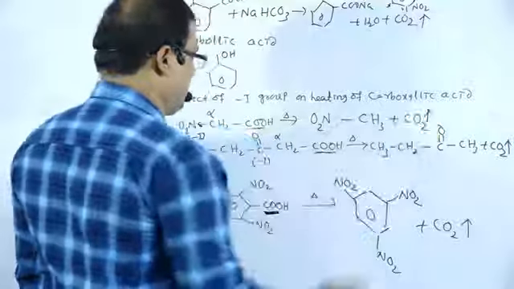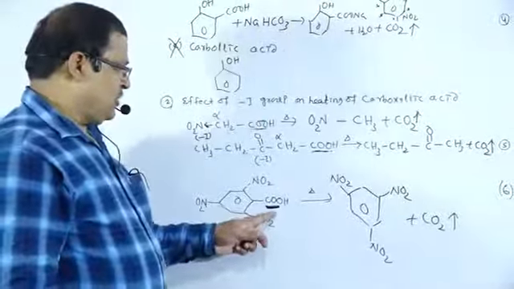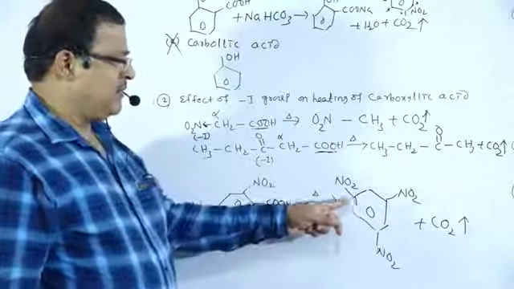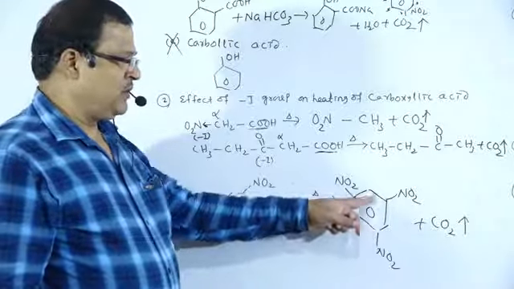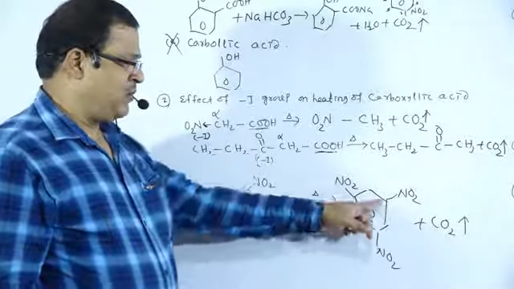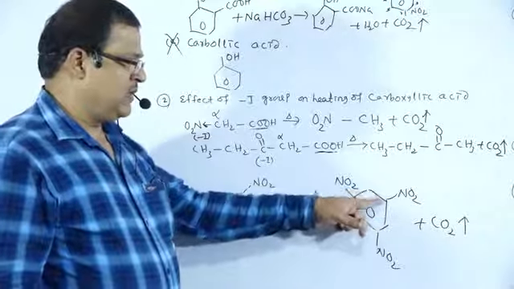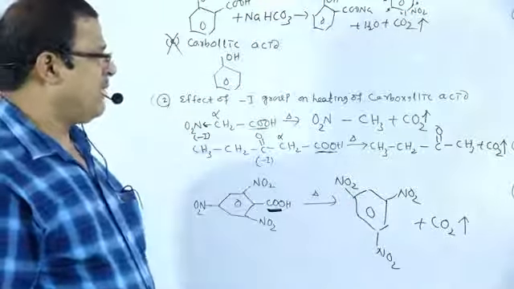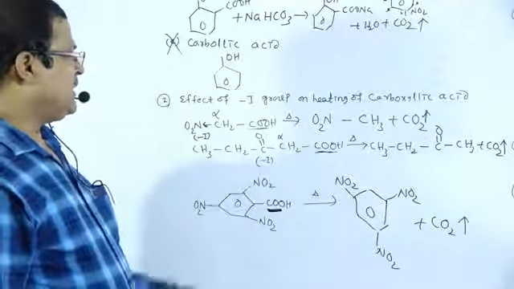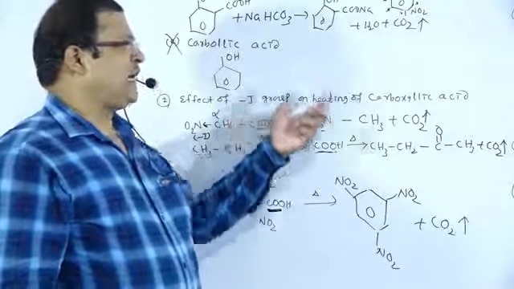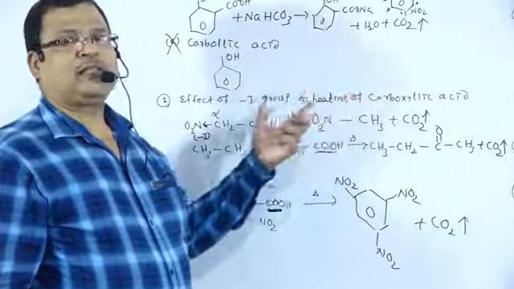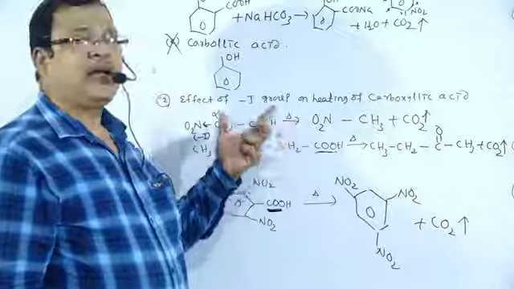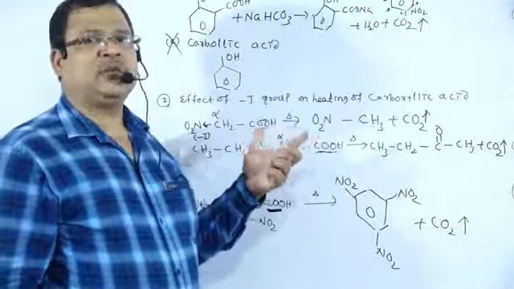In this case also carbon dioxide gas is released and H is attached to this position. So there is the formation of 1, 2, 3, 4, 5, 6, 135 trinitrobenzene. This is the effect of a -I group on a carboxylic acid present at the alpha position: by heating, carbon dioxide gas is released from the COOH group.